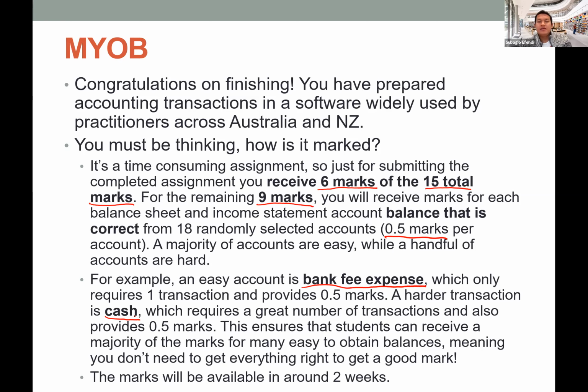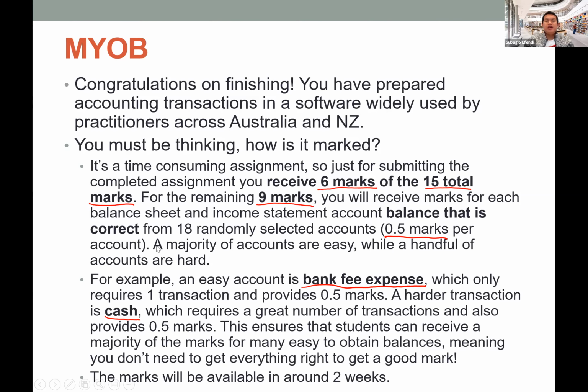Big companies mostly use more sophisticated software like Oracle or PeopleSoft, which combine accounting and bookkeeping with enterprise resource planning software. Congratulations once again for finishing the assignment.